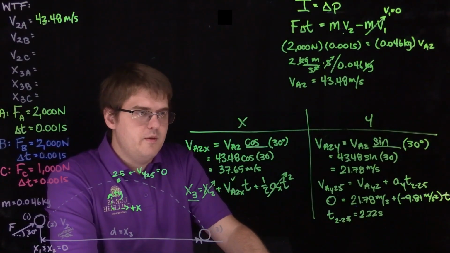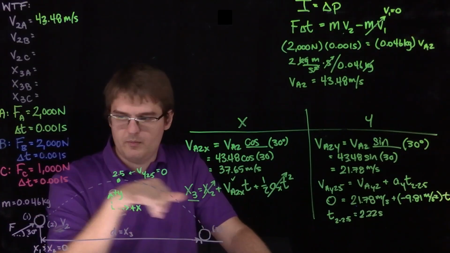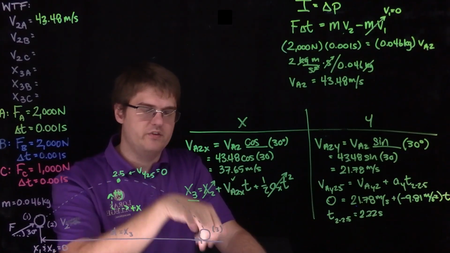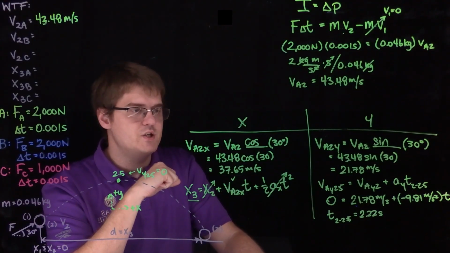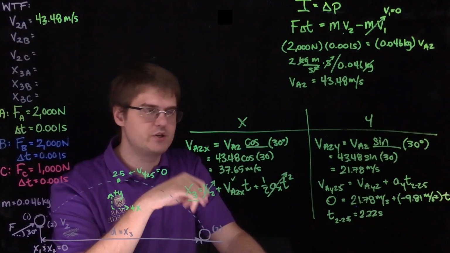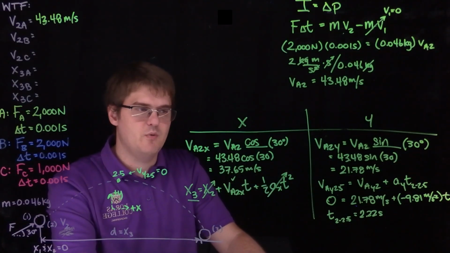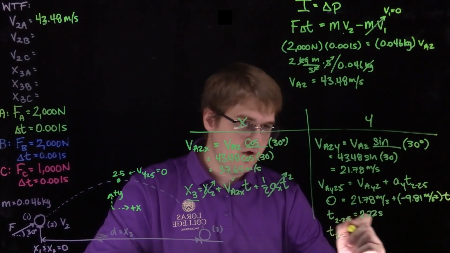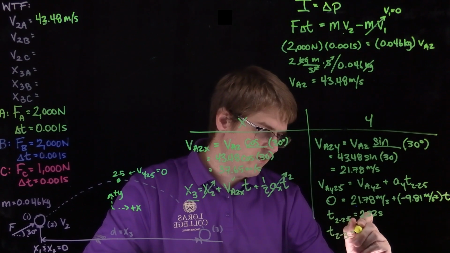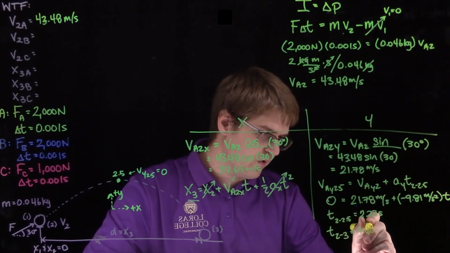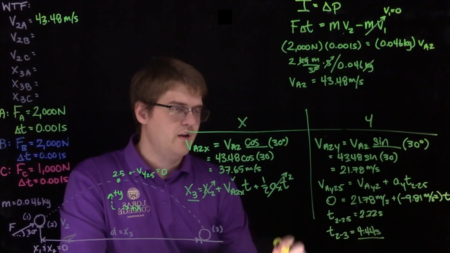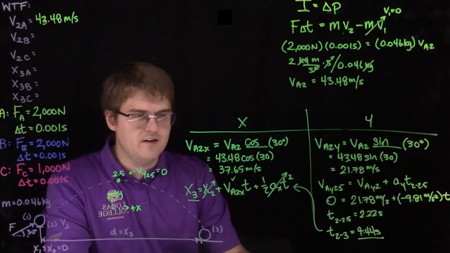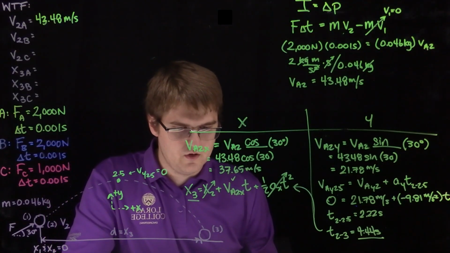And what we proved and talked about is that since we're going from the ground and ending at the ground, our time to get up is the same as our time to get down, so long as the acceleration is constant. And in this case, the acceleration in the y is always that negative 9.81. So I can say the time between 2 and 3 is going to be 4.44 seconds. And that piece is what I'm going to move over this line and use in my x.